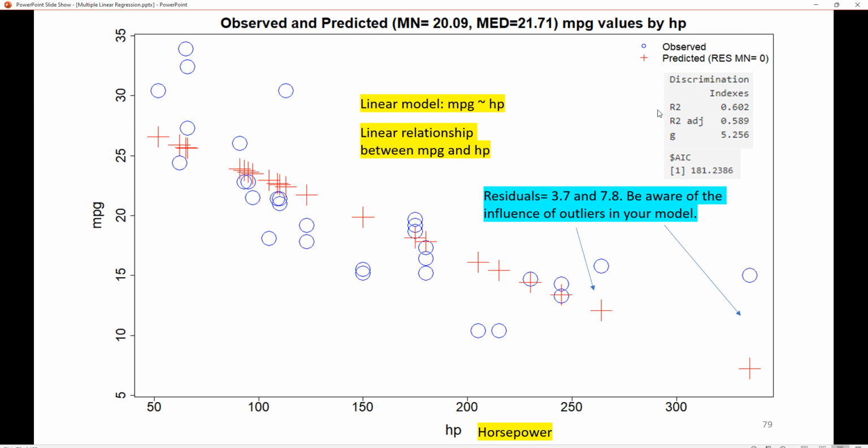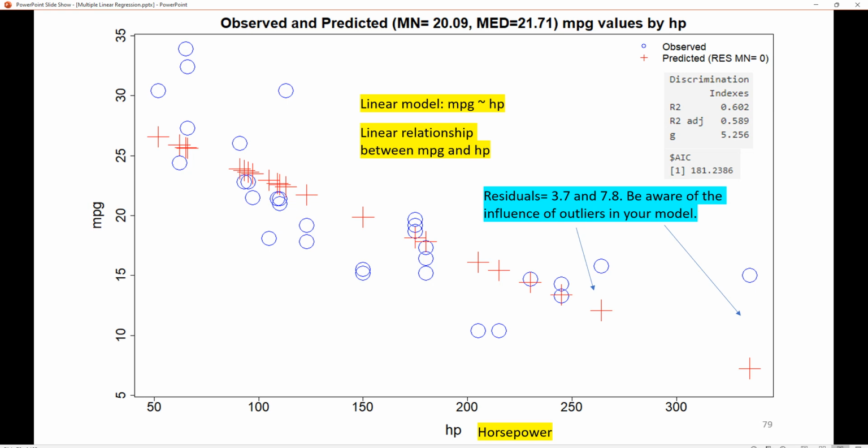When we look at model performance, that R-square is 0.602. The adjusted R-square is 0.589, which is very similar. AIC, we talked about that earlier. Lower values are actually better. We can get a wide range of values. So with this data, we'll see 181 for this value. But if we had a much bigger data set, we'd probably see a much bigger AIC.